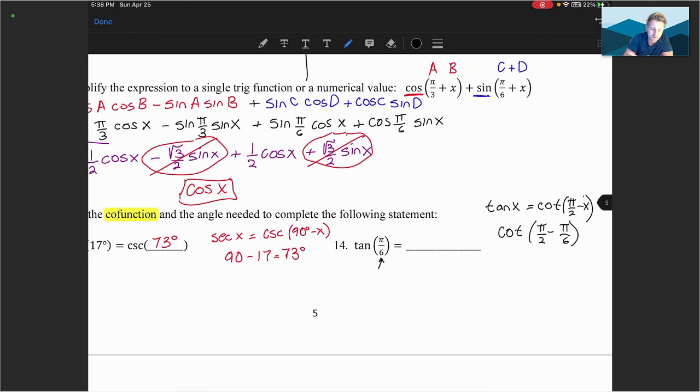So we just have to work out this angle. Pi over 2 is the same as 3 pi over 6. And when we express this, 3 pi over 6 minus pi over 6 will give me 2 pi over 6, or cotangent of pi over 3, pi thirds. So this identity will be finished off with the same as cotangent of pi over 3.